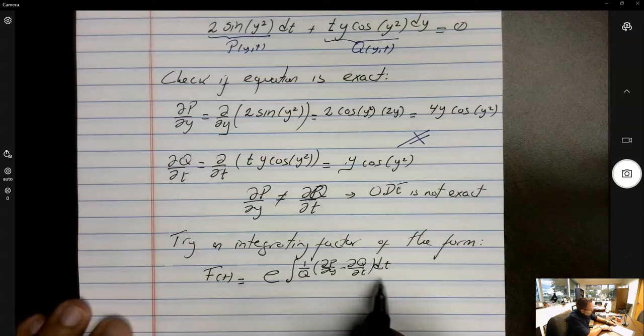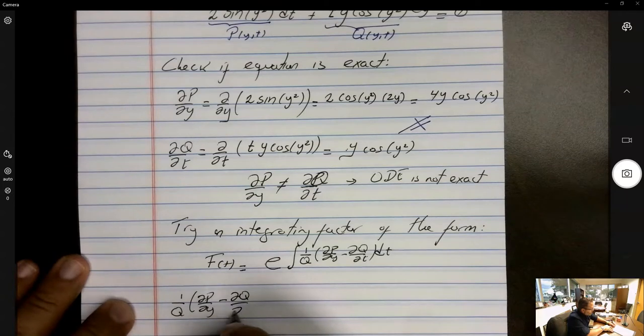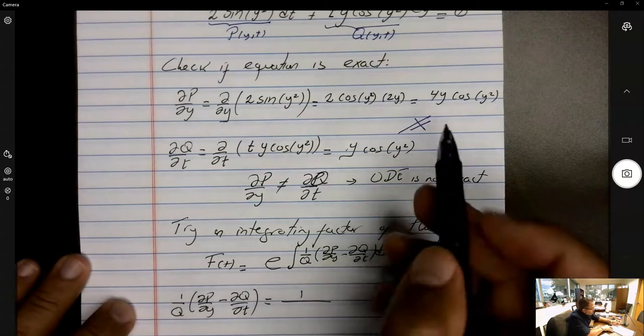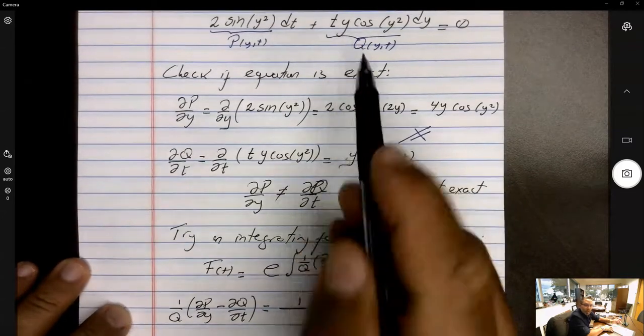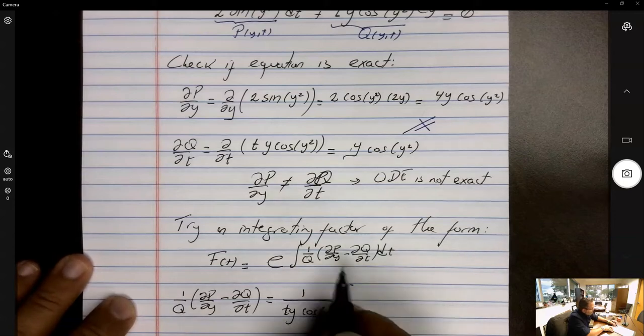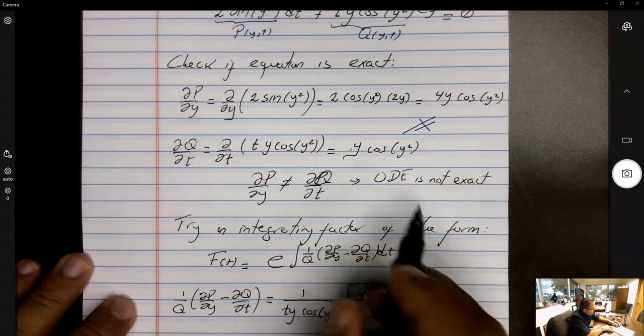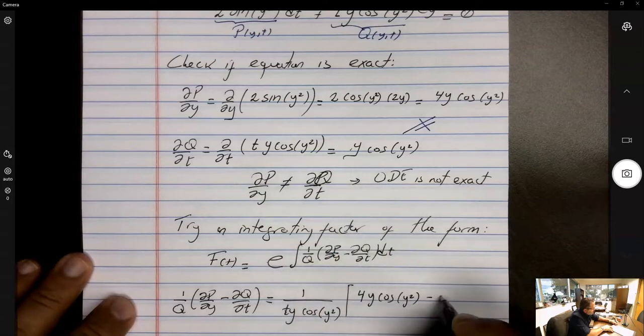So this integrand here is 1 over Q, which is ty cosine of y squared, times dP/dy, which is 4y cosine of y squared, minus dQ/dt, which is y cosine of y squared.